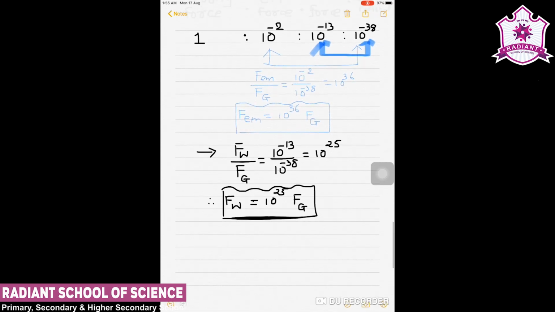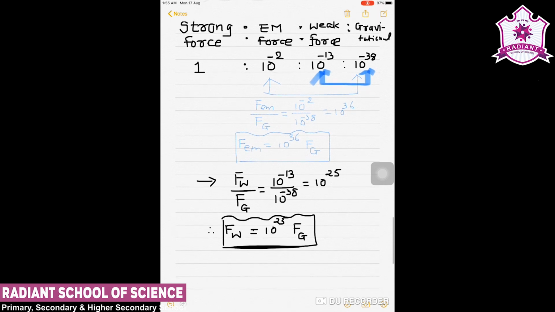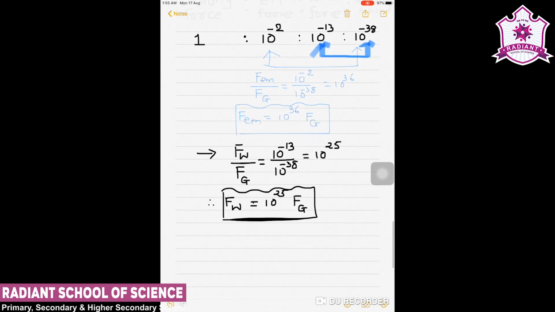Similarly, we can compare between electromagnetic force and weak force. So we can have comparison for these two, and that is F electromagnetic upon F weak.